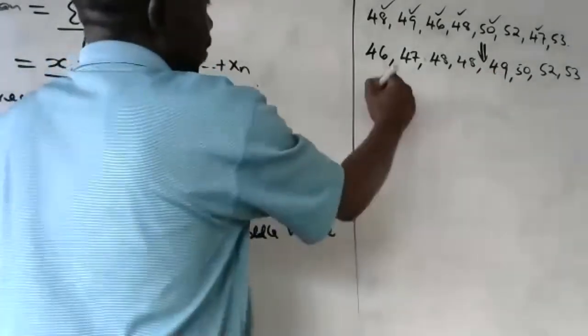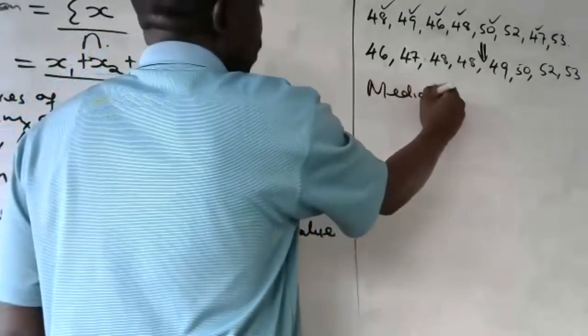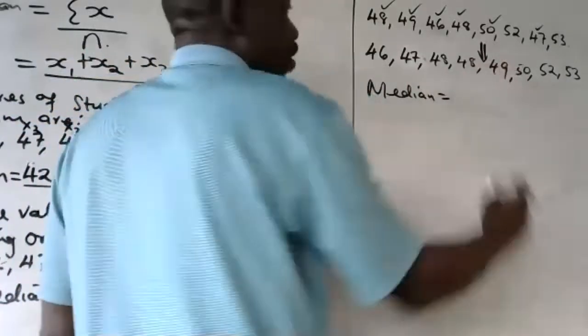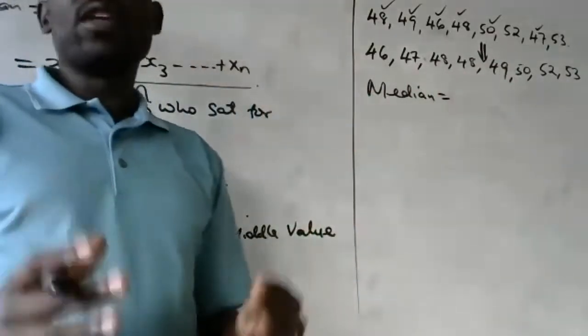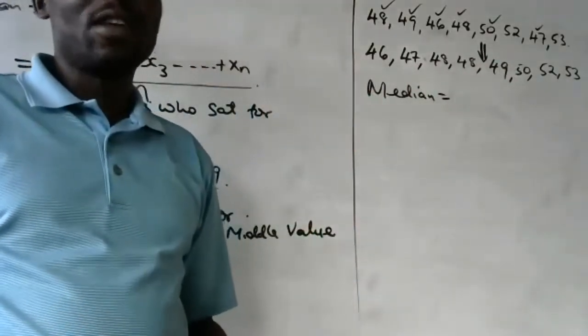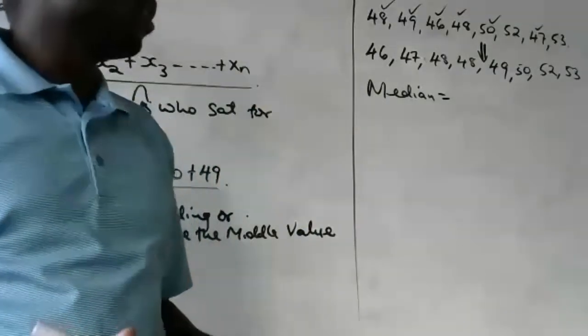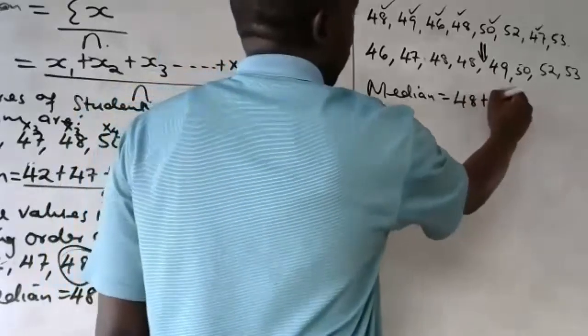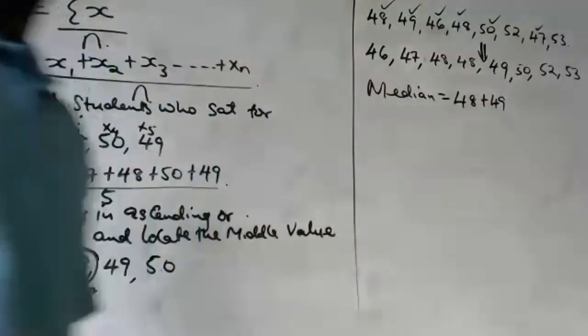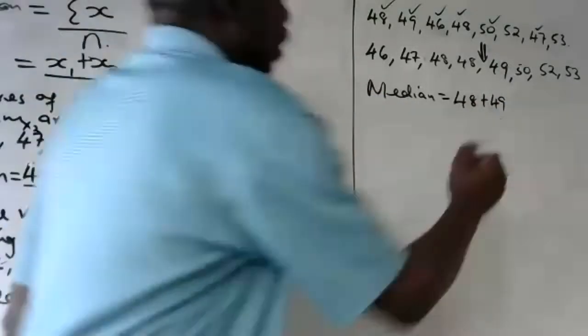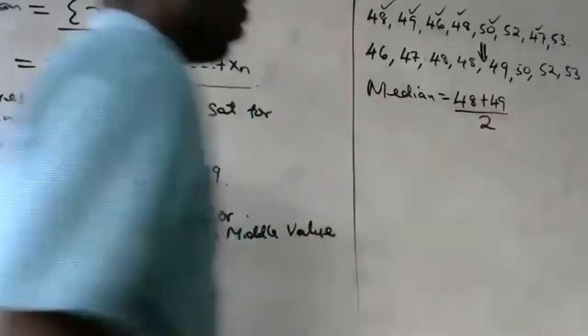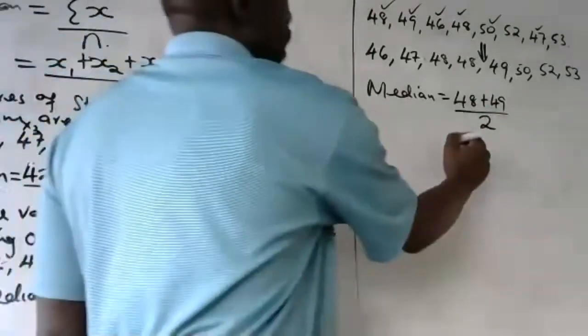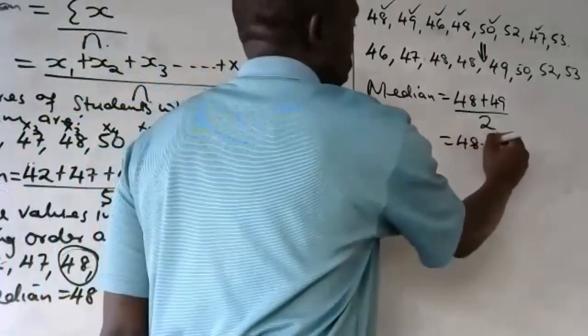So in that case, the median is going to be the average of those 2 numbers within which the median lies. In this case, that is 48 plus 49, divided by 2. So you find that the median is equal to 48.5.